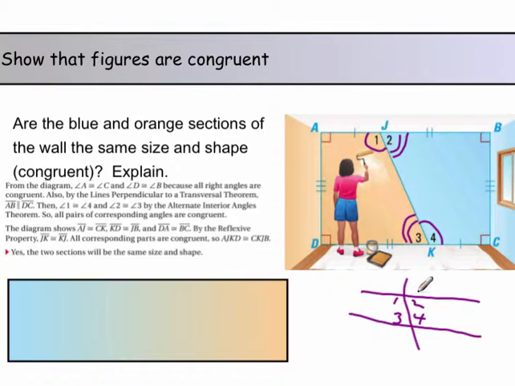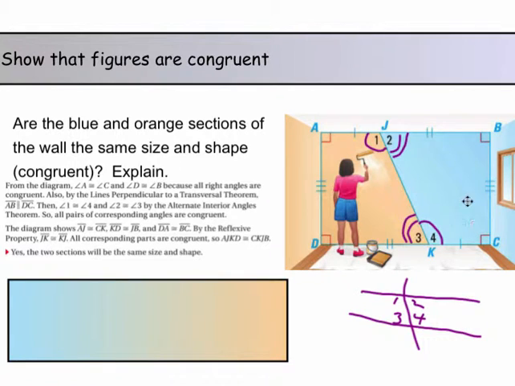We showed that the right angles are congruent, and we showed that 1 and 4 and 2 and 3 are congruent. Now it also shows that AJ is congruent to KC. KD, okay, this one is congruent to JB. And then we've got DA or AD is congruent to BC because those both have 3 lines.